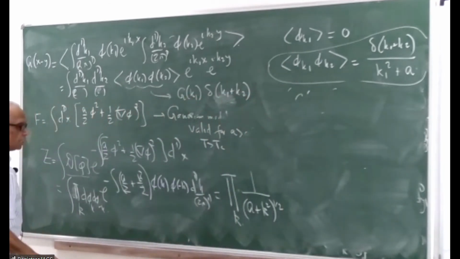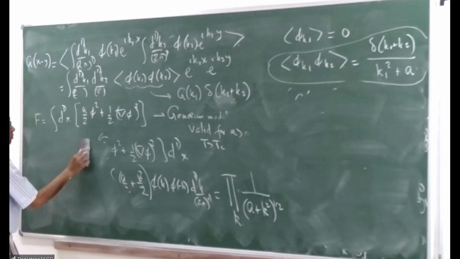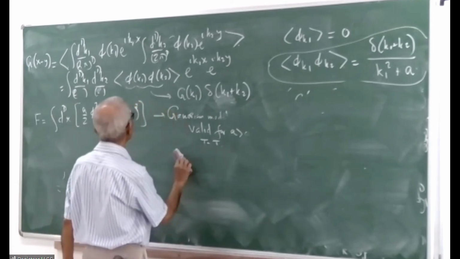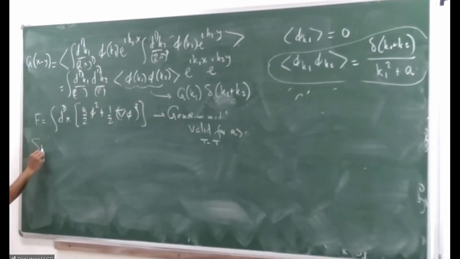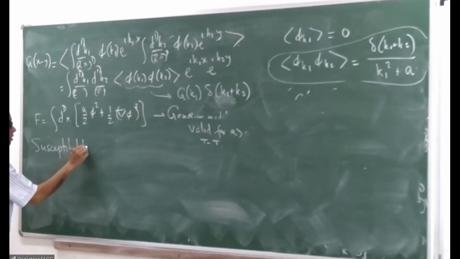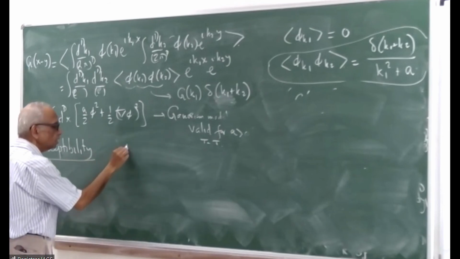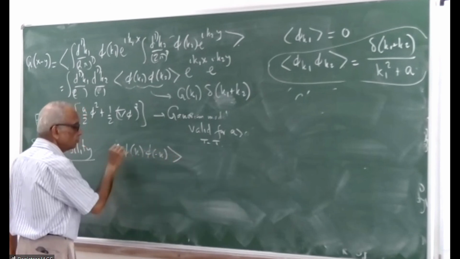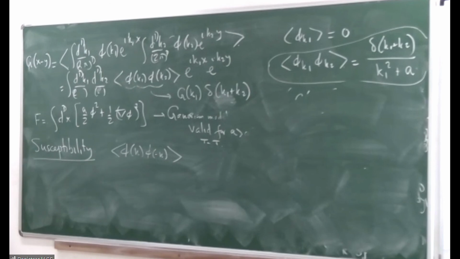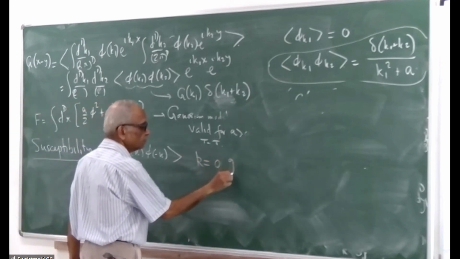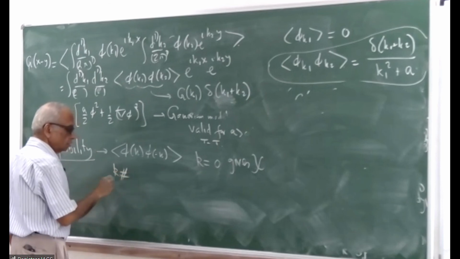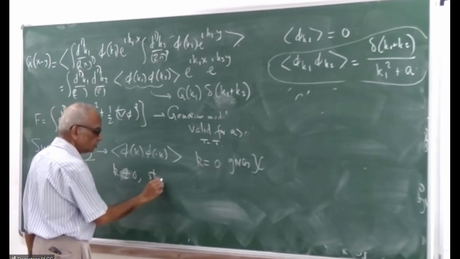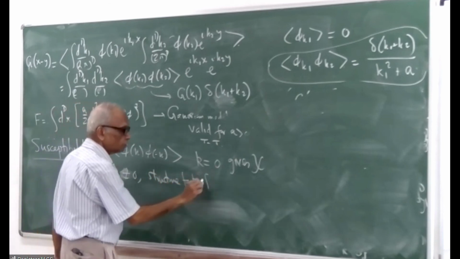The technology for doing susceptibility calculations would be to calculate the takeaway from this: for susceptibility, you calculate the 2-point correlation function phi k, phi minus k, and k equal to 0 gives the susceptibility. If k not equal to 0, then you have the structure factor for scattering experiments.